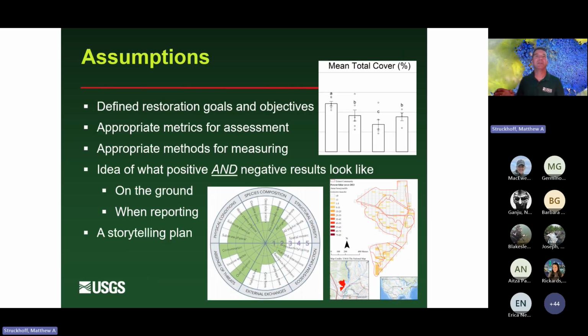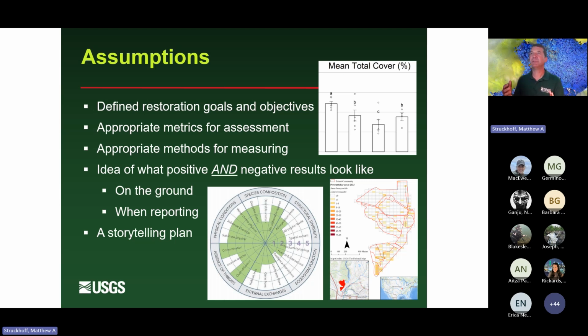So as we dive into this, a few assumptions to keep in mind is that we need to have well-defined restoration goals and objectives and appropriate metrics and methods for determining whether or not those are being met. And for the purposes of storytelling, we need an idea both of what positive and negative results look like, both on the ground and when we're reporting this information to our colleagues.